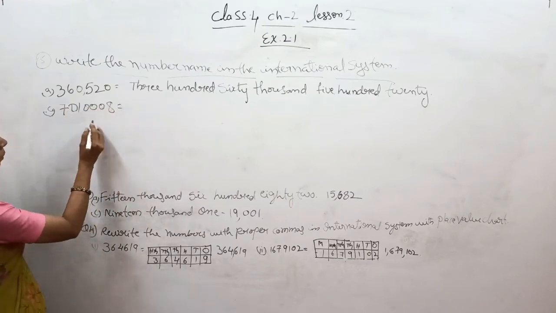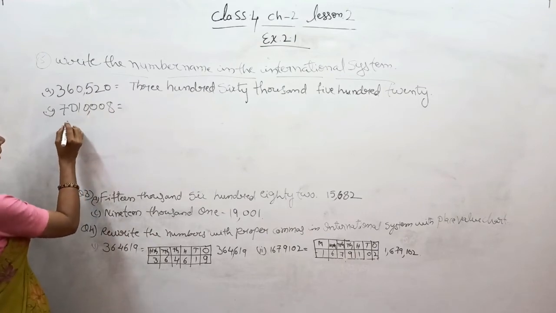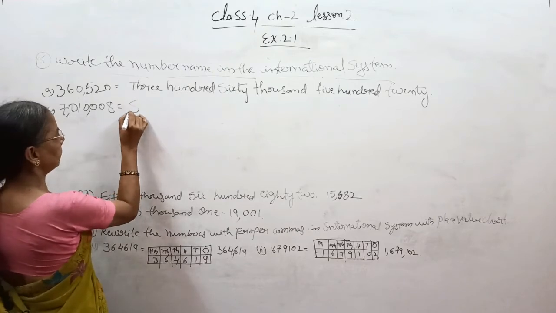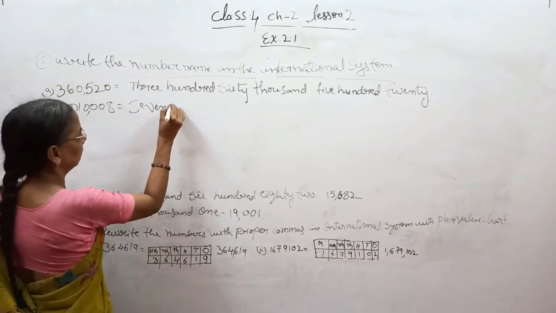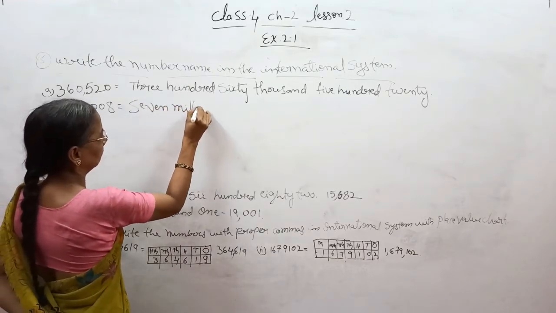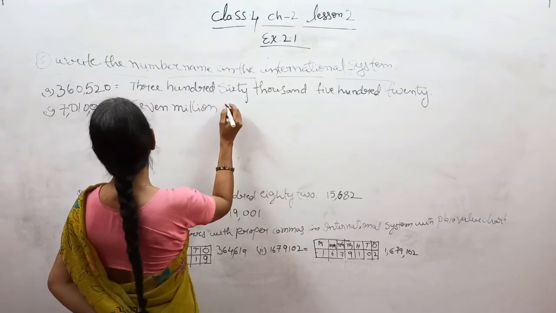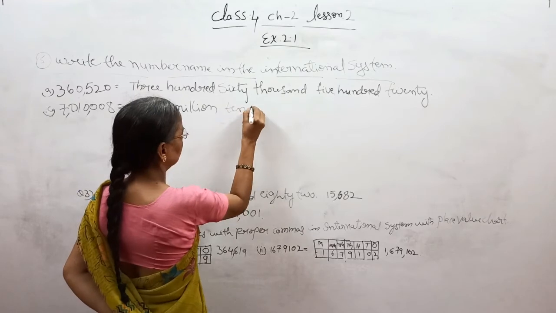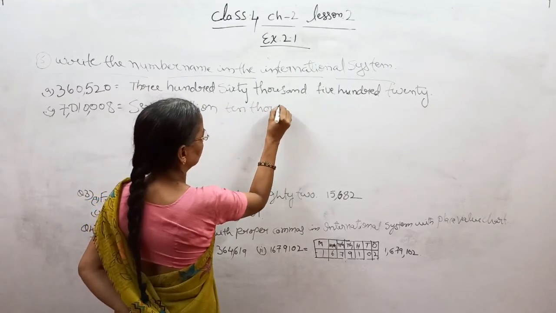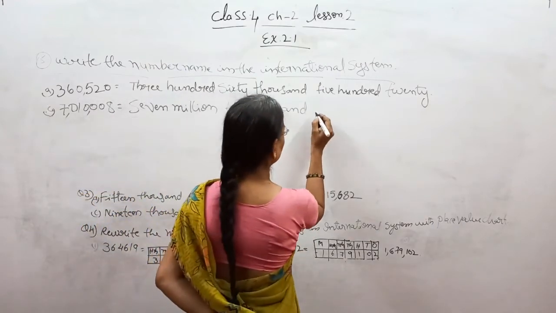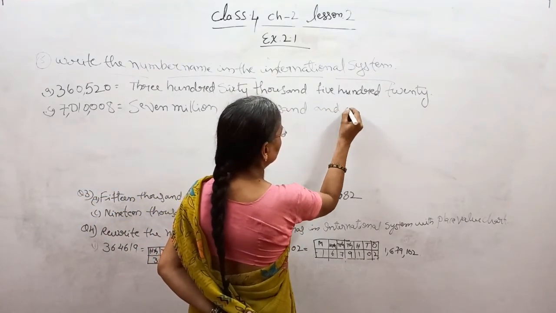Here again we have to put commas after three digits. That is 7,010,008.